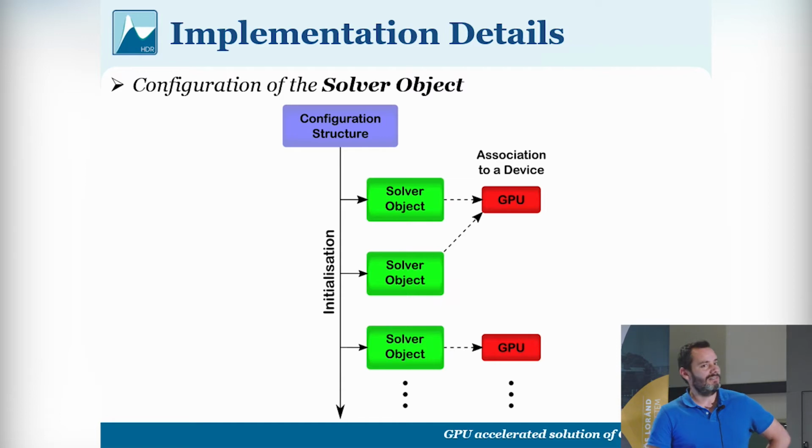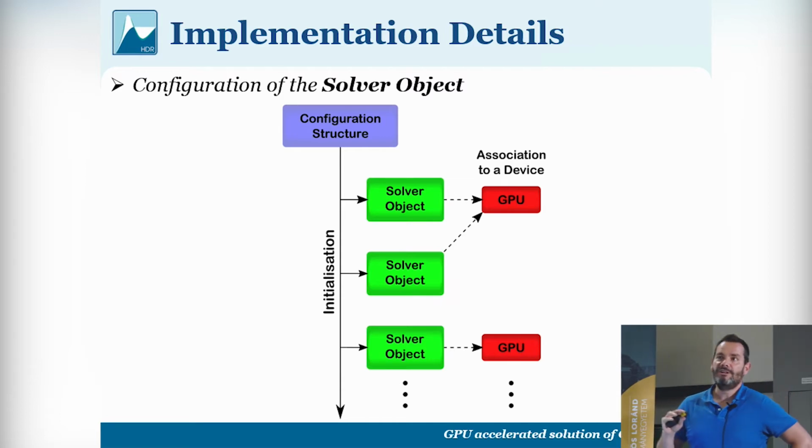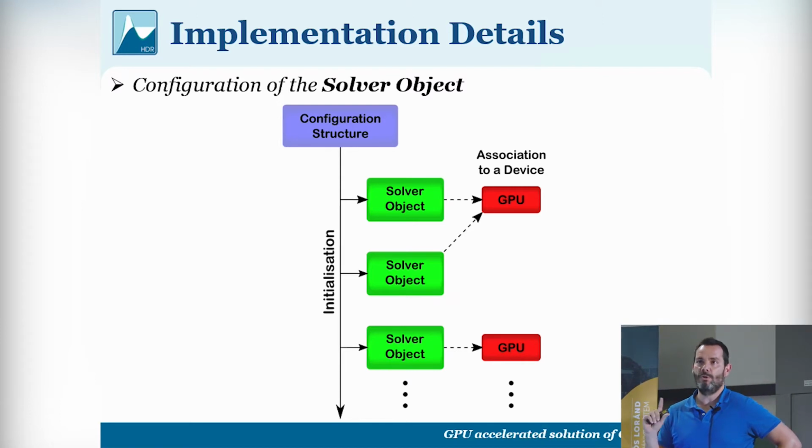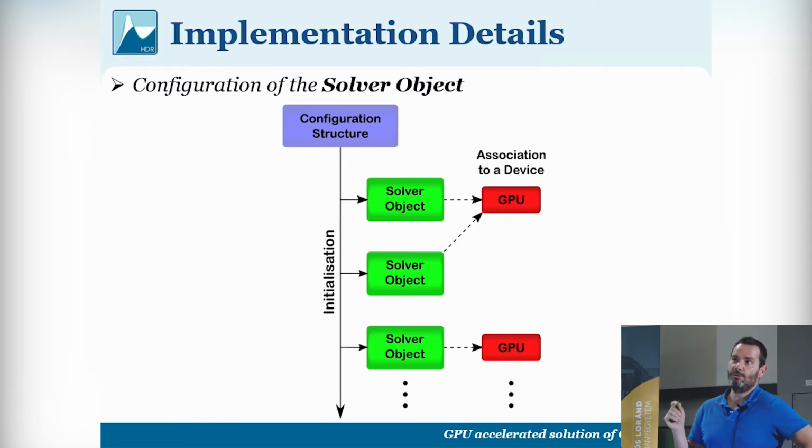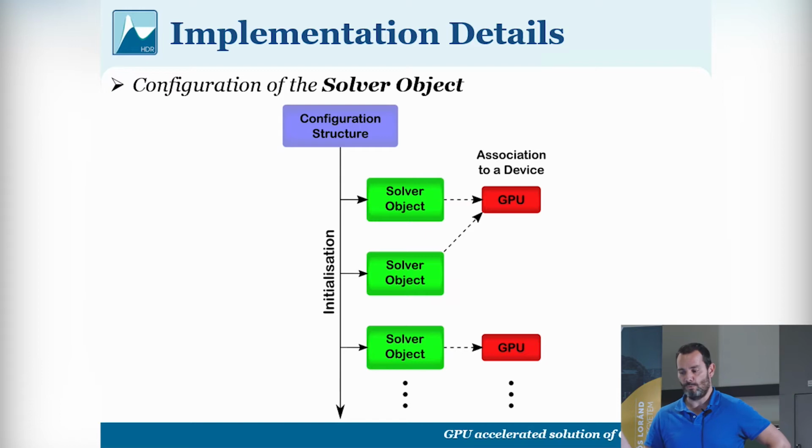These solver objects are responsible for integrating the system and for the data transfer between the host and the GPU side. And to each solver object we can assign a GPU device. So if we have any kind of GPU-related action, the solver object will automatically select the right device and perform the process on that specific device.